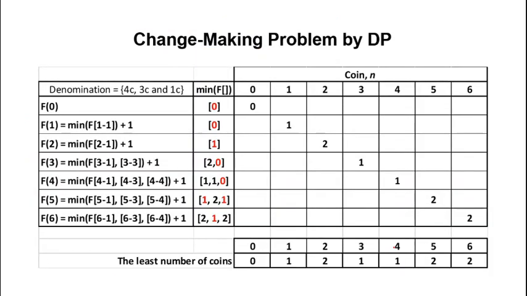Let us take a look at the same problem solved by using dynamic programming. The same example where we have denominations 4 cent, 3 cent and 1 cent, with 6 as our amount. Under dynamic programming, the overall idea in general is that we try to find the smaller instance solution.